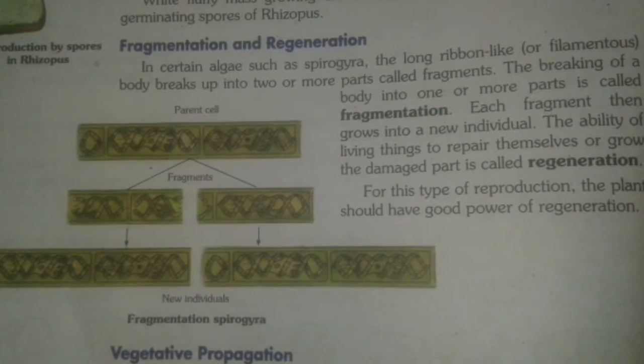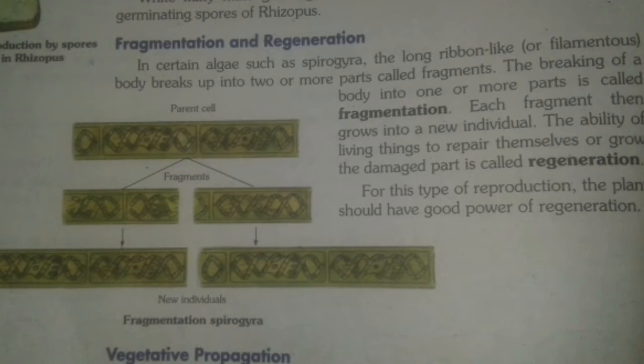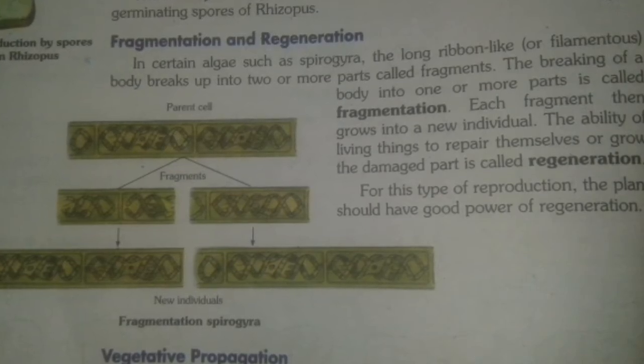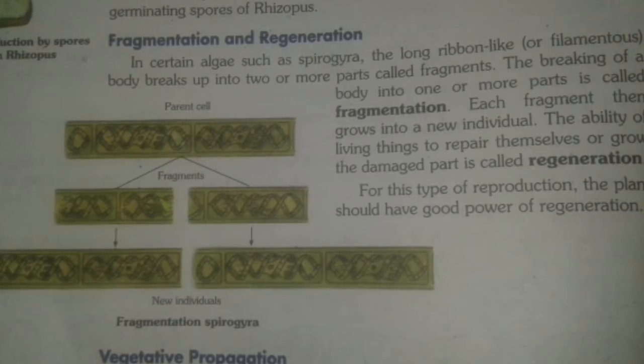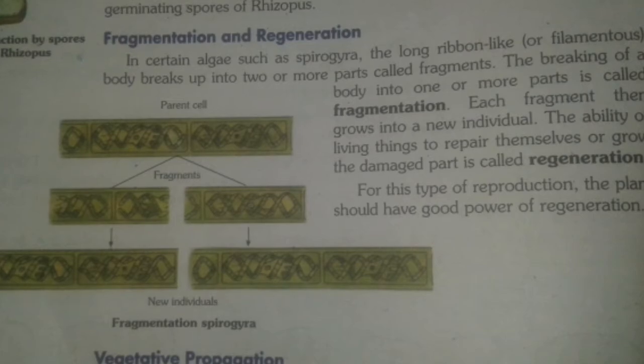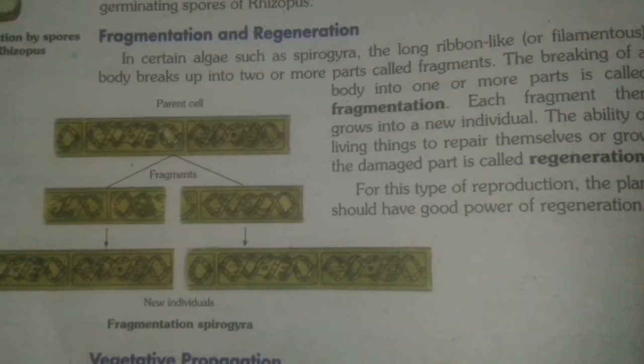Guys, when organisms lose their organs or any part of the body in an accident, it is a very essential way by which the parts removed from the body will regenerate into a new organism.